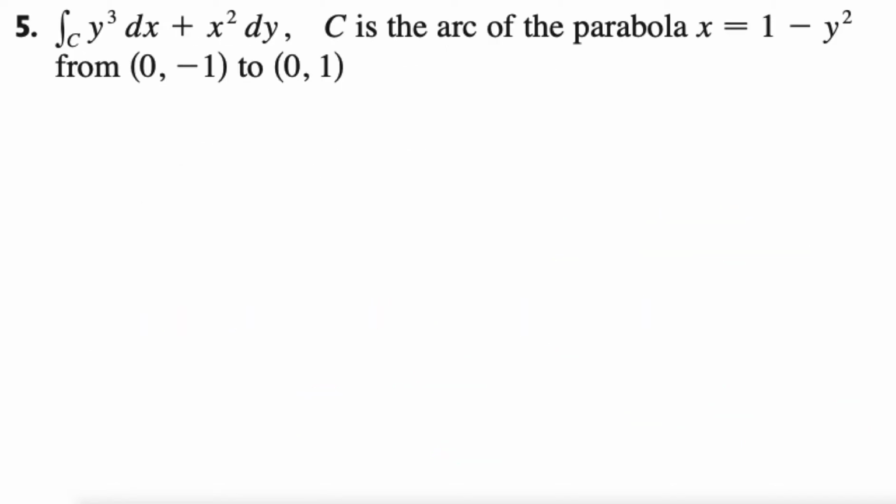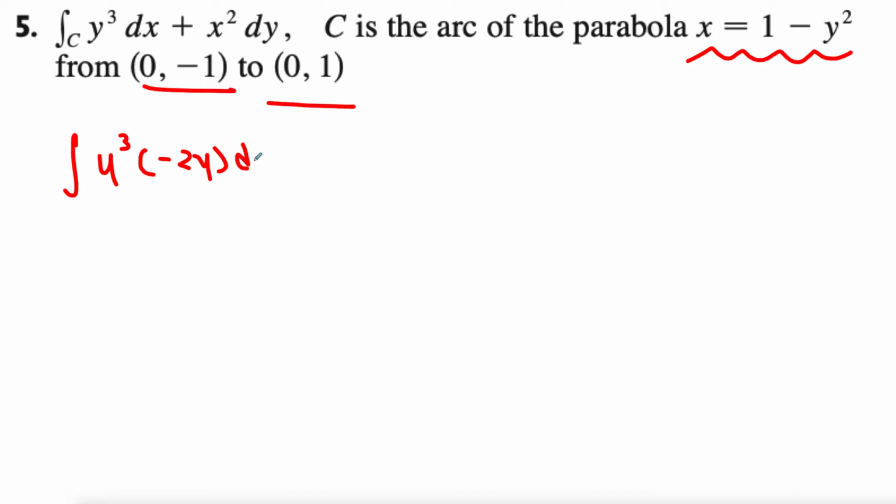All right, let's look at number 5. Same idea. We are going from here to here, but the path is given in this way. Since x is in terms of y, let's try to rewrite this one. y cubed is y cubed, but dx now becomes negative 2y dy.